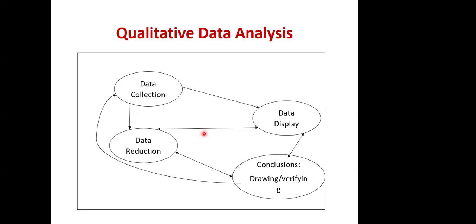And it will also help you handle that bulk of data. That sort of support can be taken from software, but otherwise, interpretation of data is entirely up to the researcher, because qualitative data analysis is all about how you interpret that.